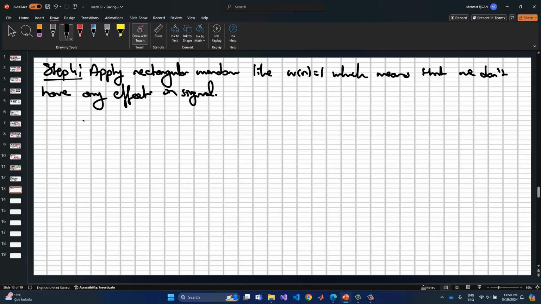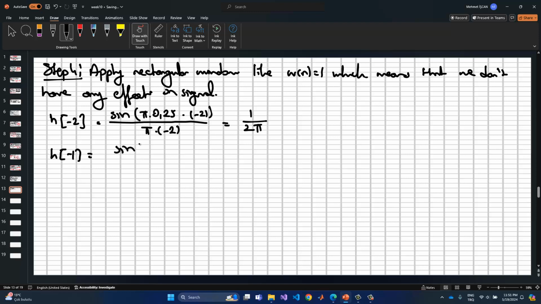In this case h[-2] should be built with sin(pi times 0.25 times minus 2) divided by pi times minus 2, which equals 1 divided by 2 pi.